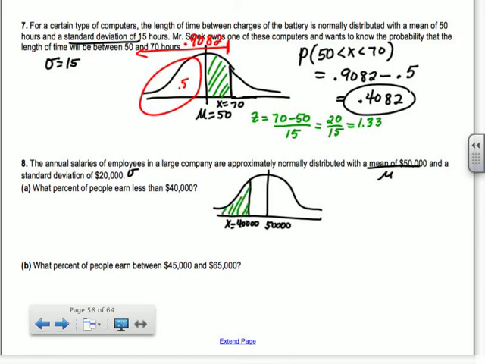So z equals 40,000 minus 50,000 all over 20,000. So you get negative 1/2, so negative 0.5. So when you look up 0.5 on your table, what do you get? 0.6915. So that is a big area. It's more than 50%.